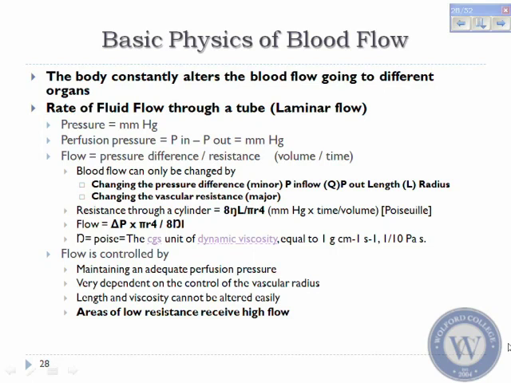For flow, the pressure is a difference over resistance. It's volume over time versus perfusion pressure difference, which is something that we talk about constantly. Perfusion pressure is simply the amount of pressure being put in versus the pressure pushing back against it or slowing it down. Things you will be discussing will be coronary perfusion pressure, cerebral perfusion pressure.